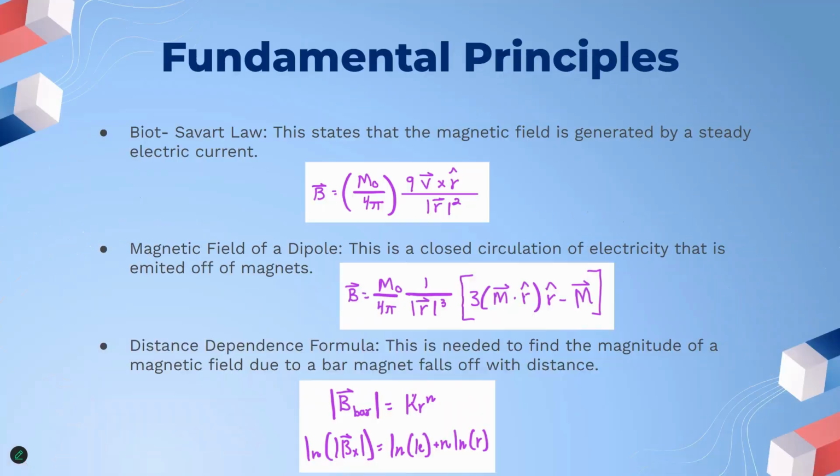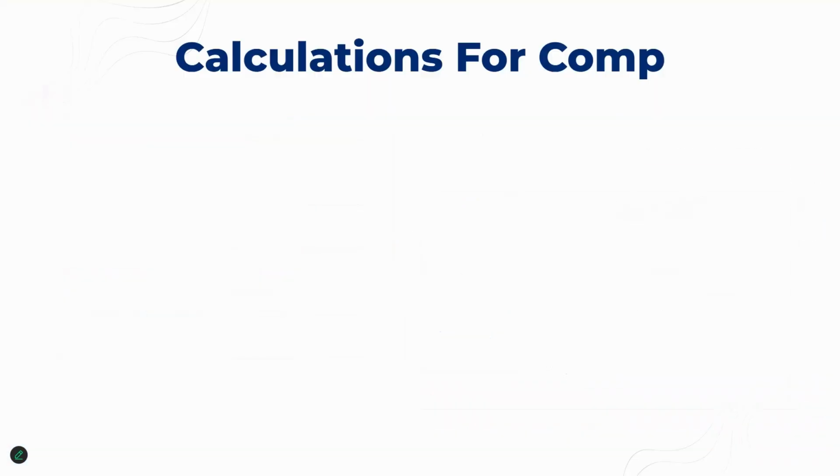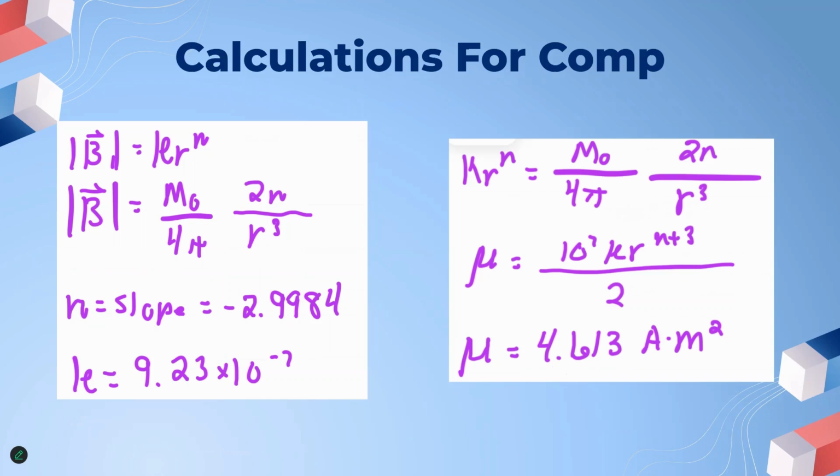It is the same formula from earlier, the ln distance-dependence formula, but shown as a linear function. So I'm able to do some calculations to find both my n, which is negative 2.9984, and my k, which is 9.23 times 10 to the negative 7th, by using what I was given from the linear formula and converting it using the B = K r^n formula. From that, we were able to find mu, where mu will equal 4.613 A·m².